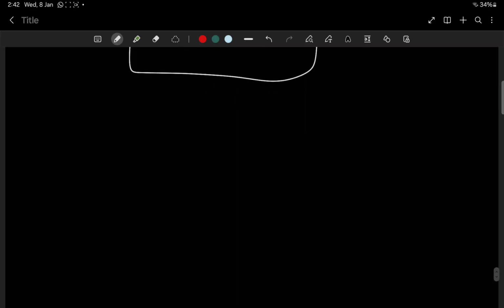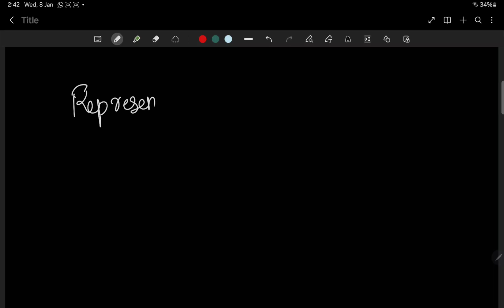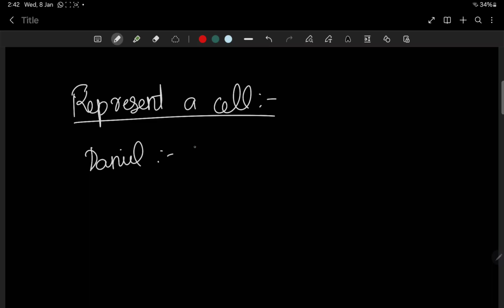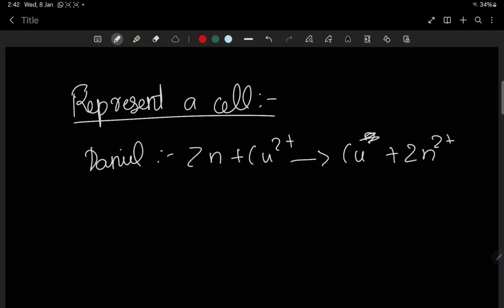And now I want to tell you how to represent a cell. We'll take the Daniell cell itself. You know the reaction was Zn plus Cu2+ gives Cu plus Zn2+. First of all, we will write the anode reaction.